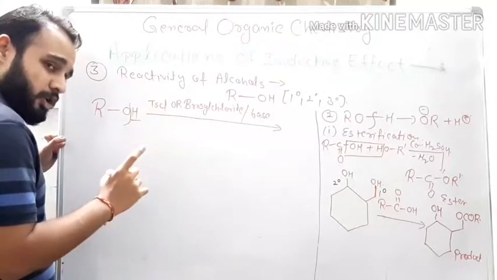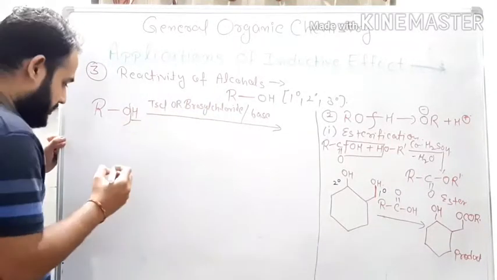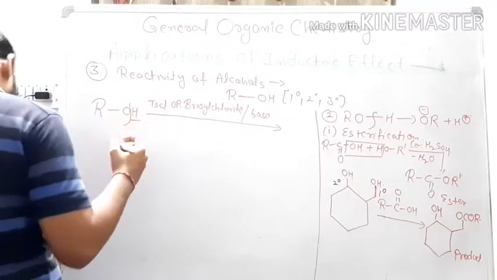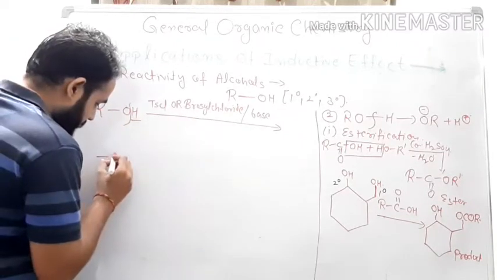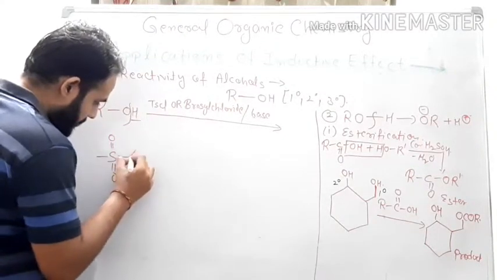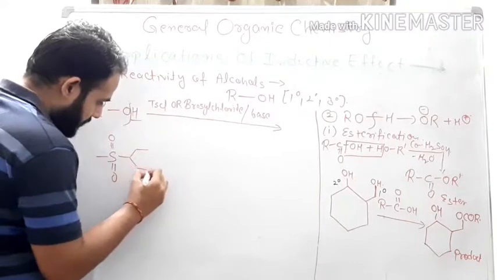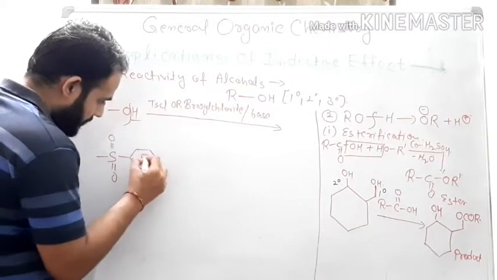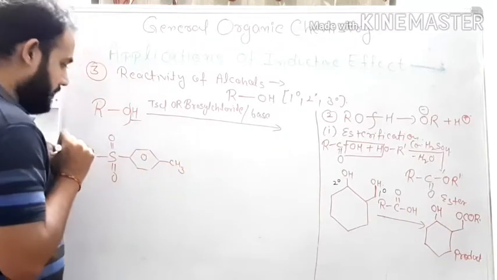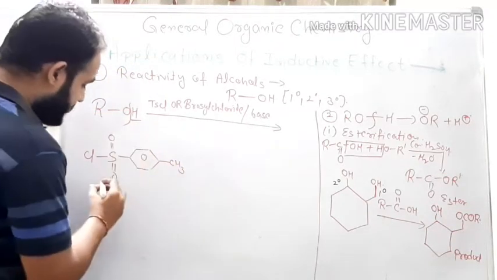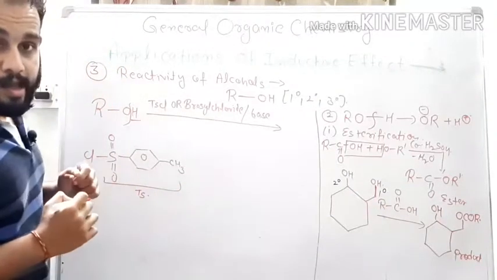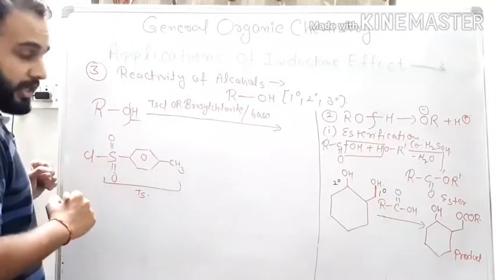we must first draw the structure of tosyl chloride and brosyl chloride. What is the structure of tosyl chloride? See, this is known as tosyl group and the chlorine is attached.